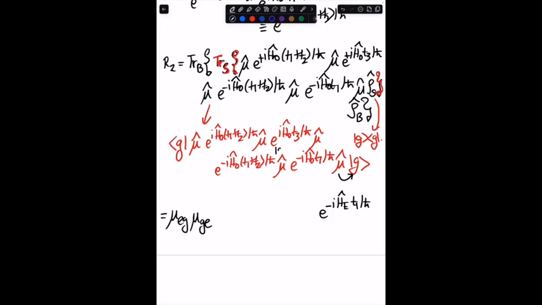So now you're back to the ground state, and then you propagate over the ground state over t1 plus t2. So you get e^{-iH_g(t1+t2)/ħ}. And then after that, the dipole operator acts on |g> and takes it to |e>. So you get μ_eg squared, and then you have |g> here.